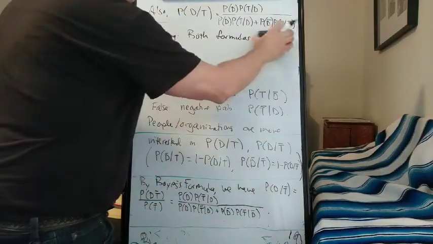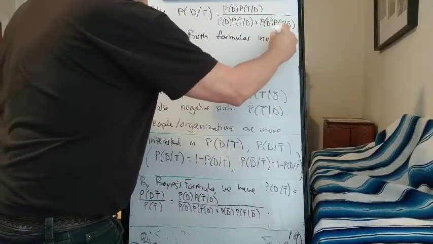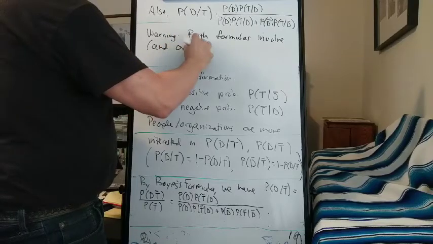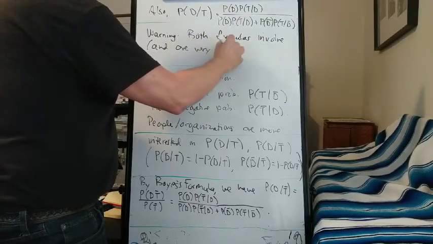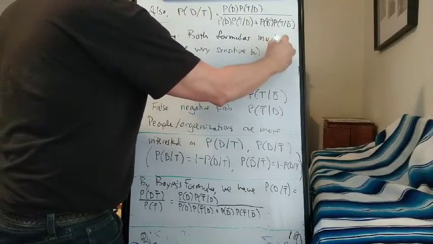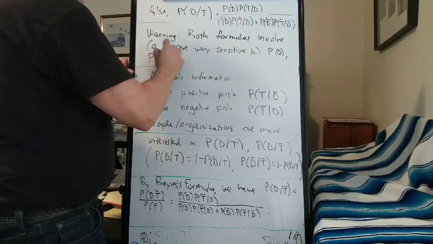So both formulas involve, and in fact are very sensitive to, the probability of D and the probability of not D.